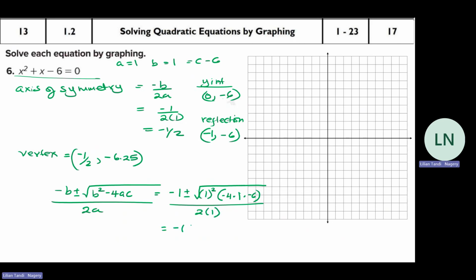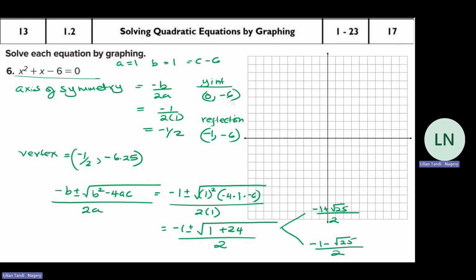So I have -1 plus or minus the square root of 1 plus 24, over 2. So then I have -1 plus the square root of 25 over 2, and here, -1 minus the square root of 25 over 2.